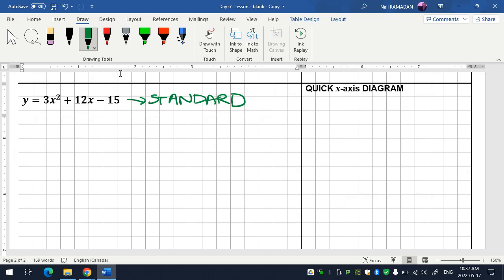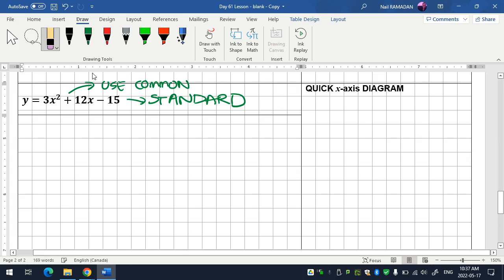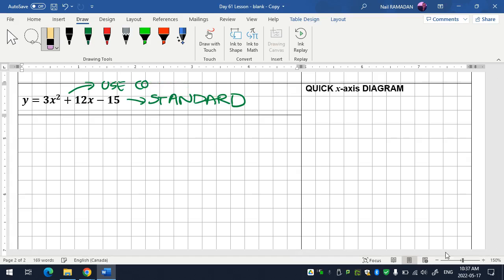They all divide what? Perfect. So, I want you to write: use common factoring.